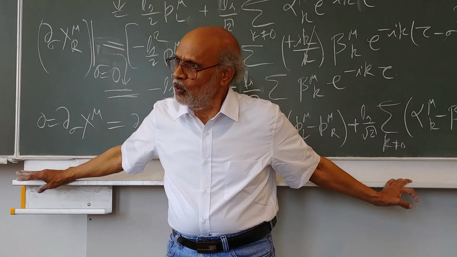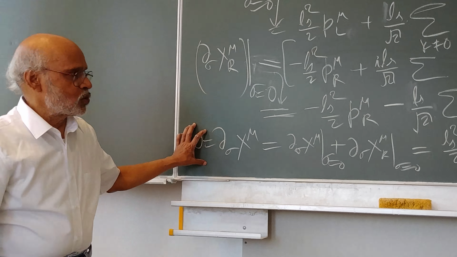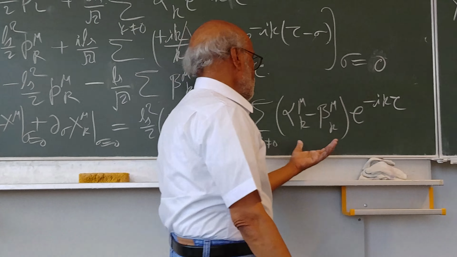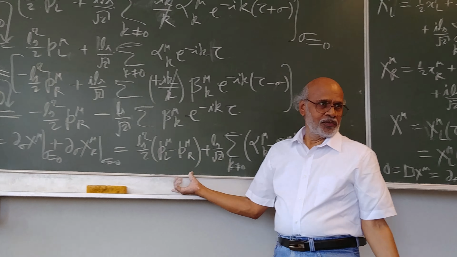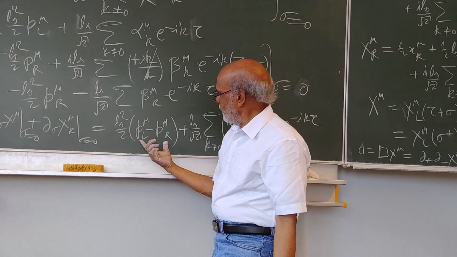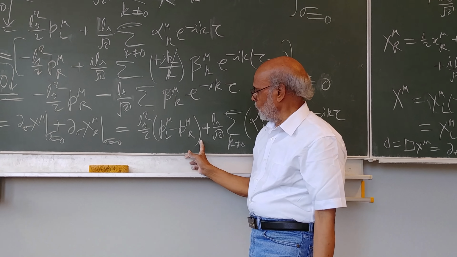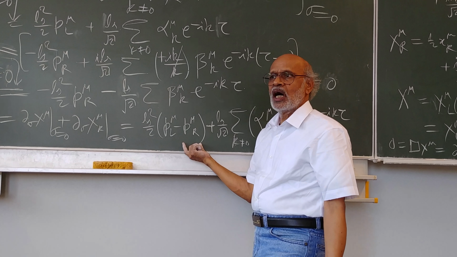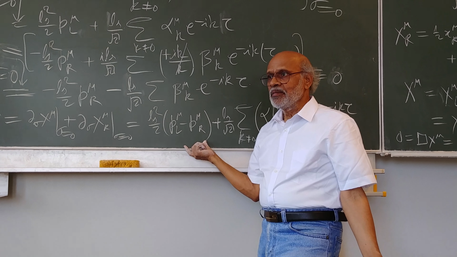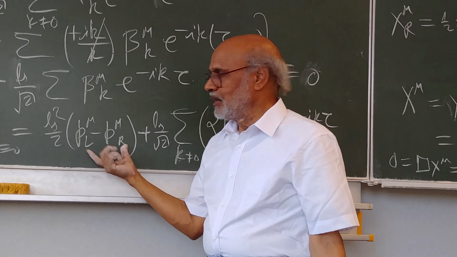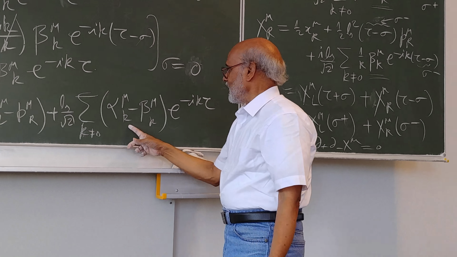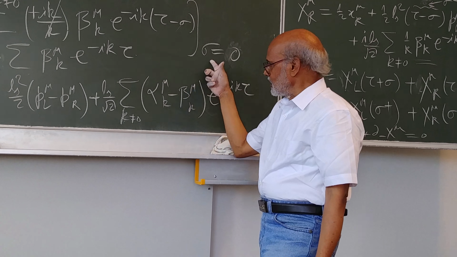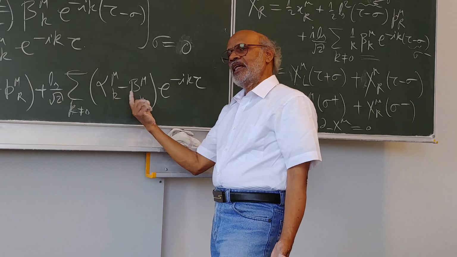And out of this, we already derived something. What is the thing that we derived? The left hand side has to be 0, and therefore the right hand side also has to be 0. So the only way it can happen is that term by term it is 0. For this to happen, P mu L and P mu R should be the same. Then this term will drop out, and this can drop out if this cancels with this, which means we have the same modes.